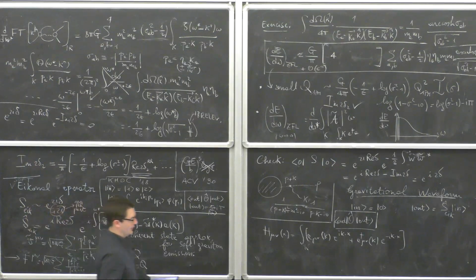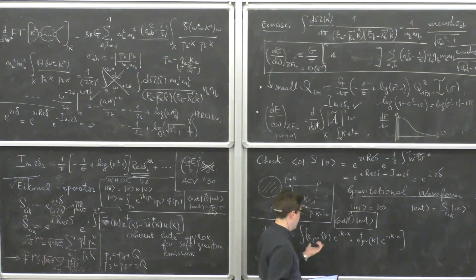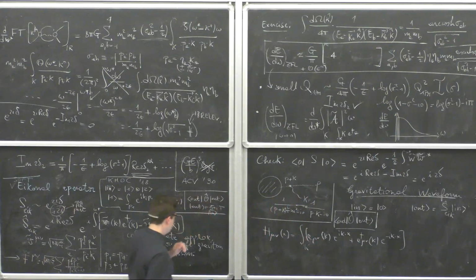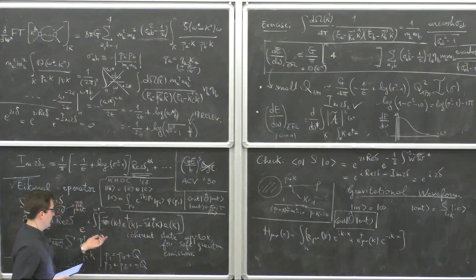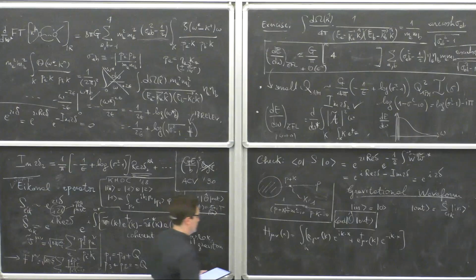So, I mean, we all know how to manipulate expressions with creation and annihilation operators. What happens is that a is going to pull down from this sandwich of exponentials the coefficient of a dagger, and vice versa, right?